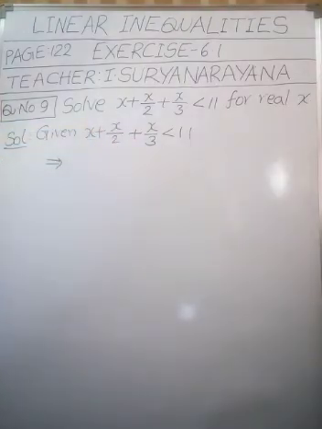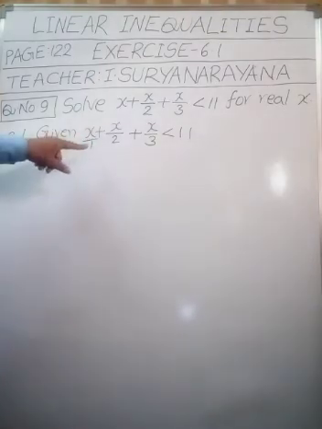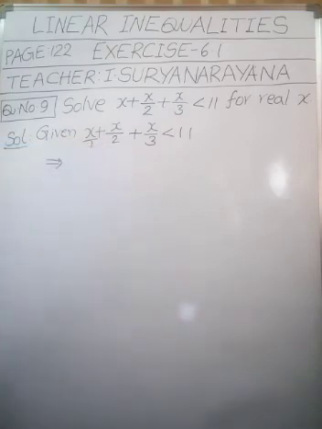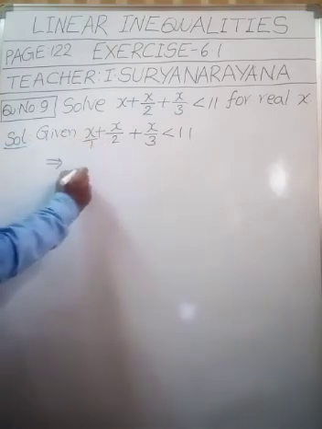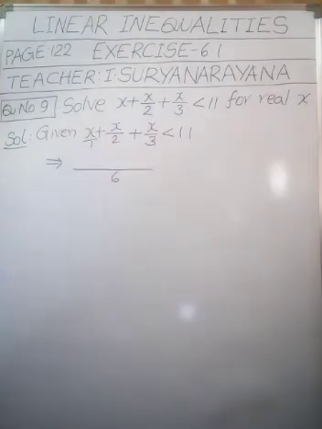Let us take the LCM of the denominators. Let us assume that here the denominator is 1. So for 1, 2 and 3 we have to find the LCM. What will you get here? 6. The LCM of these 3 numbers is 6.